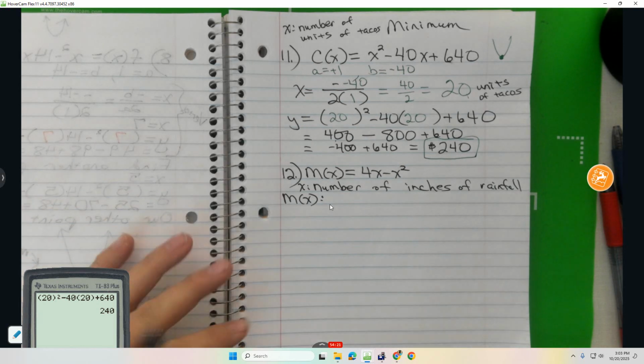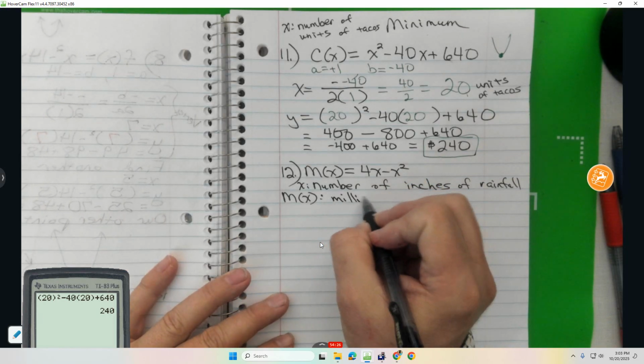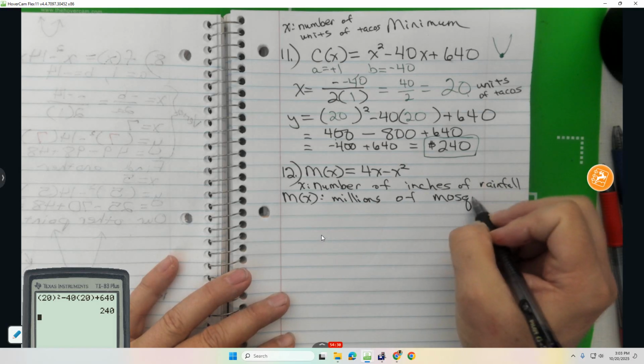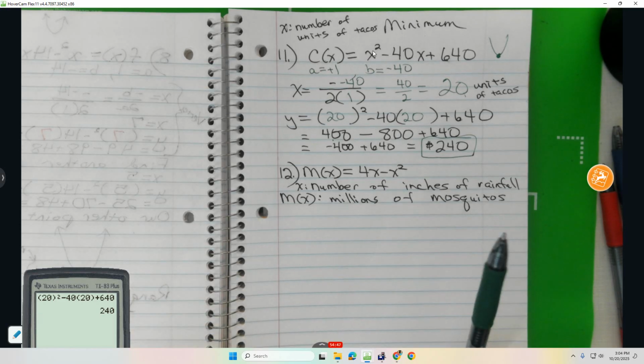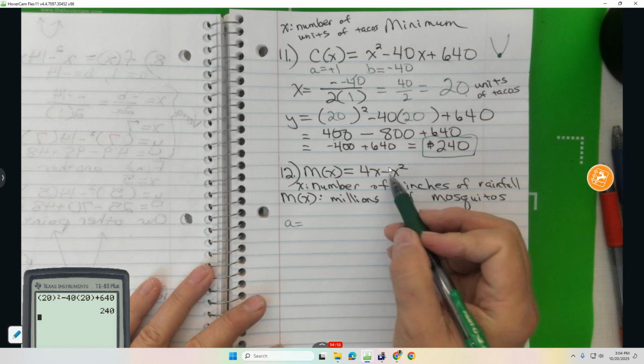So M of X is the number of millions of mosquitoes. Okay, this is tricky, be careful. What's my A value? Don't say 4. A is the coefficient of the x squared variable, so what's A? -1.